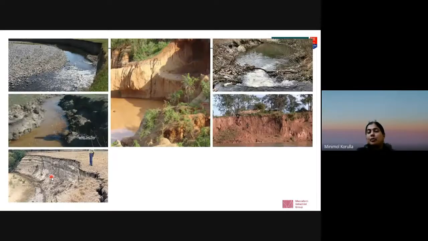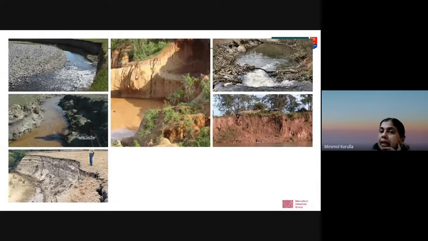Now, one more: even our river banks and seashores have a number of slope stability issues, especially in Kerala. The two floods happened, and most of our river banks got eroded or slipped. So when we talk about solutions for riverbanks or the coastal environment, it is important to understand the type of soil.